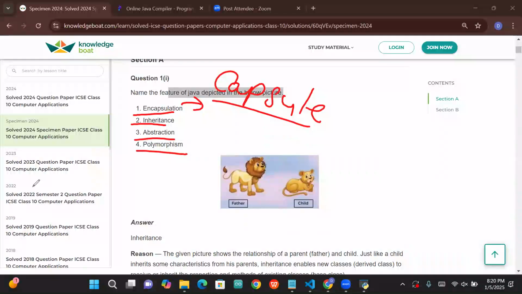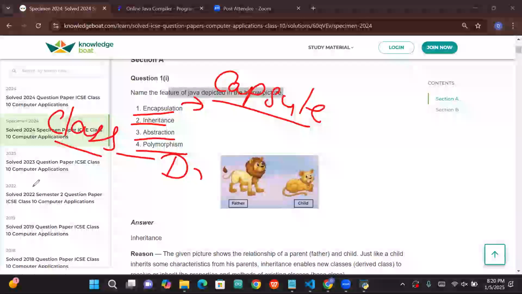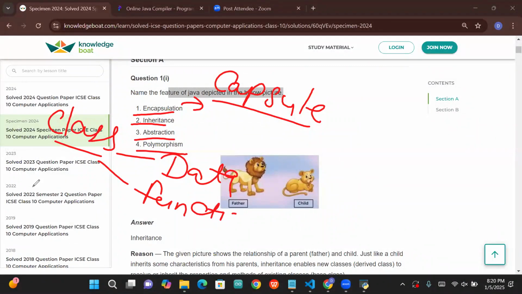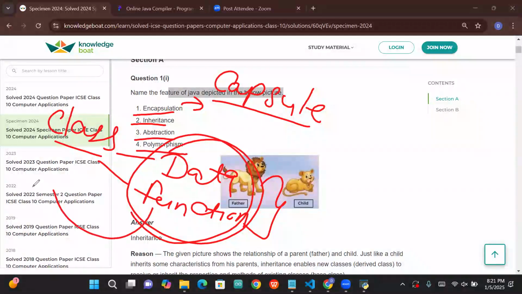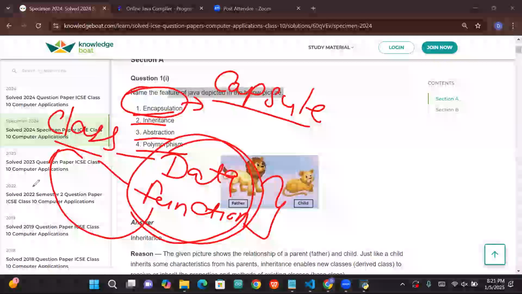In a Java class, we have the data, meaning properties, and we also have the functions. We are binding this data and these functions together into the class. This is known as encapsulation.